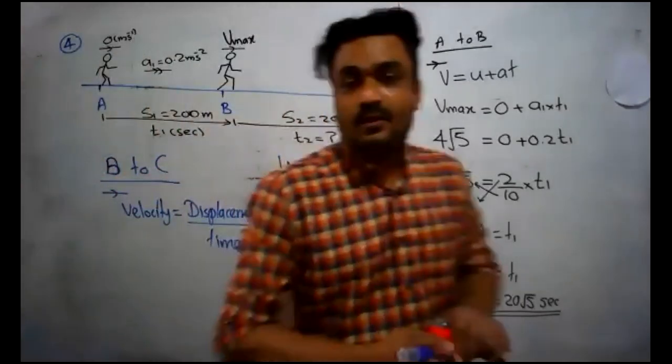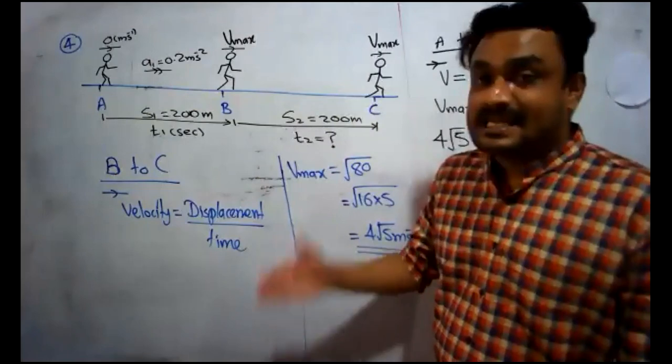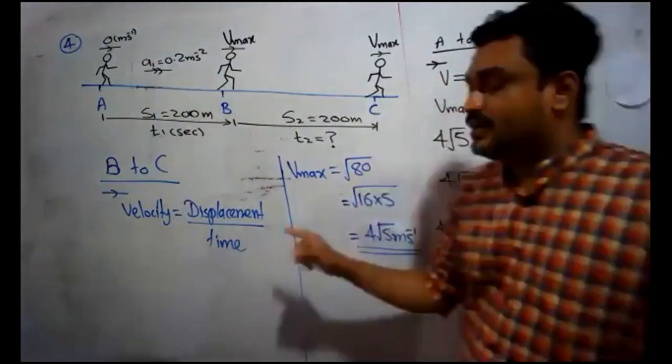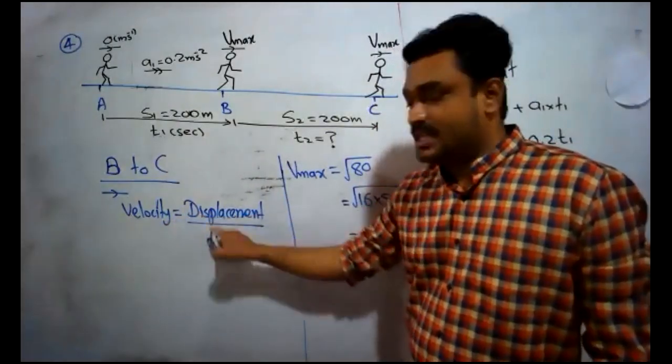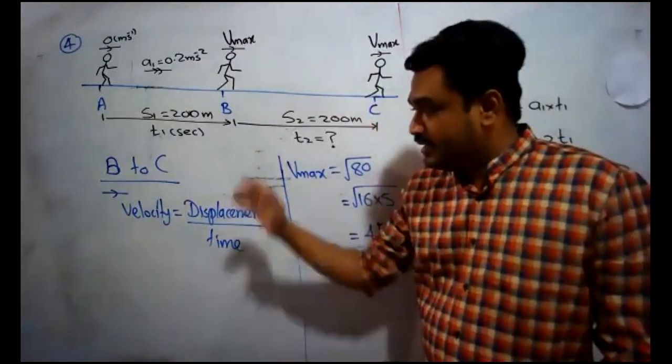We can apply this equation only when the velocity is constant. If an object has an acceleration, then we should use the equation v equals u plus at. What is the difference between velocity equals displacement divided by time and v equals u plus at, dear?